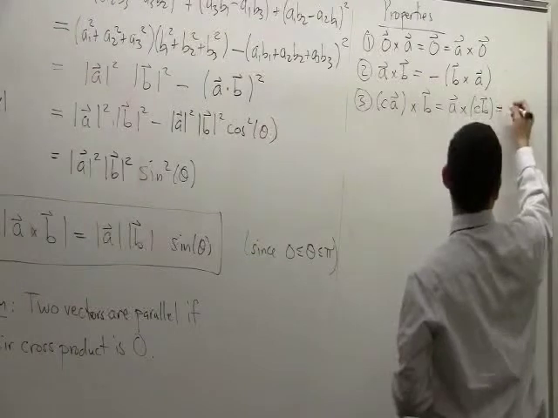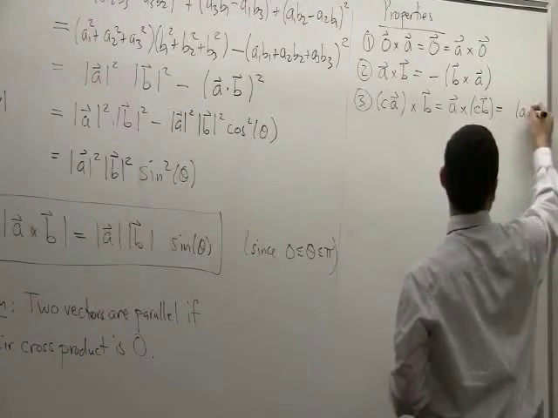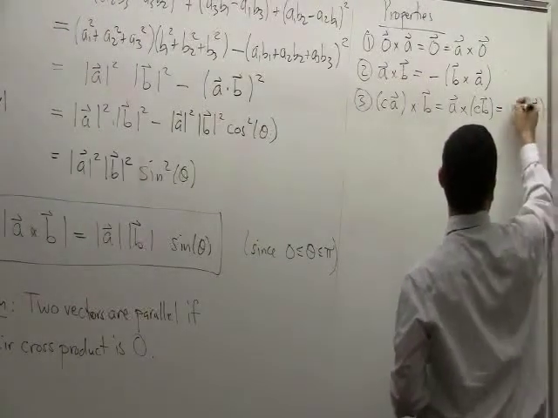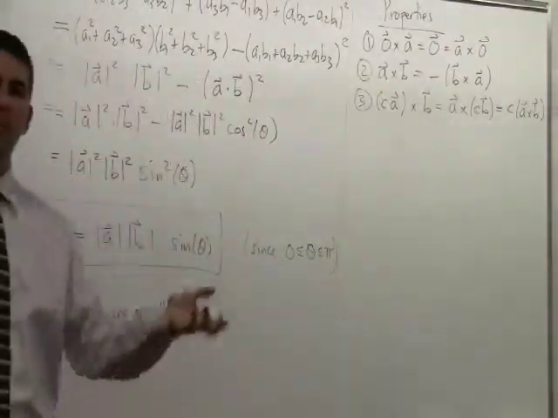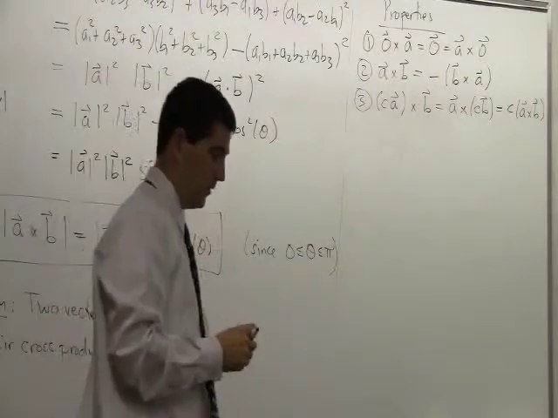And this is actually the same thing as if I had taken the cross product in the first place of just A and B, and whatever my answer was, I multiplied by C. So you can pull constants in and out. You can put them wherever you like to.